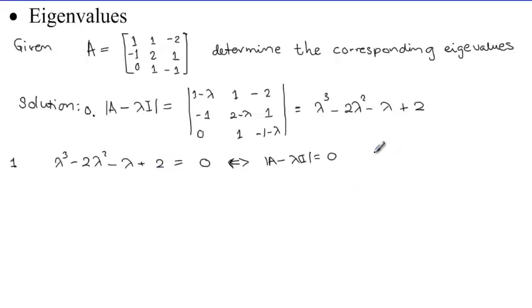So we can express 2 in terms of its factors, which can be minus 1 multiplied by minus 2, and also 2 is 1 multiplied by 2.